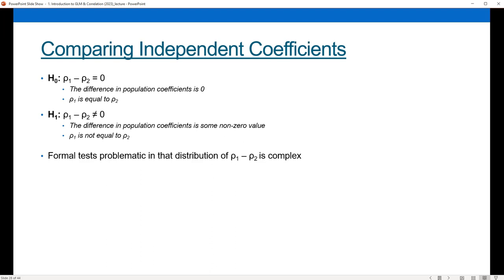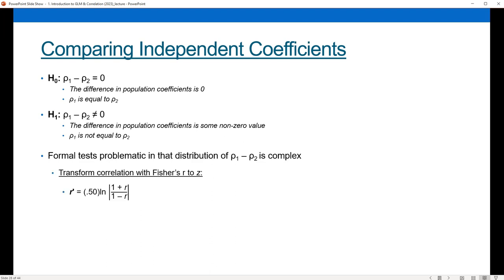So if we looked at the correlation of X and Y in a sample from population 1 and the correlation of X and Y in a sample from population 2, and then we subtracted those two values, and did that 100,000 times over and over again and plotted out the distribution of those coefficients, the distribution will look kind of wonky. It's hard to predict what that distribution is going to look like, okay? And if we don't know what the distribution is, it's hard to come up with an inference test.